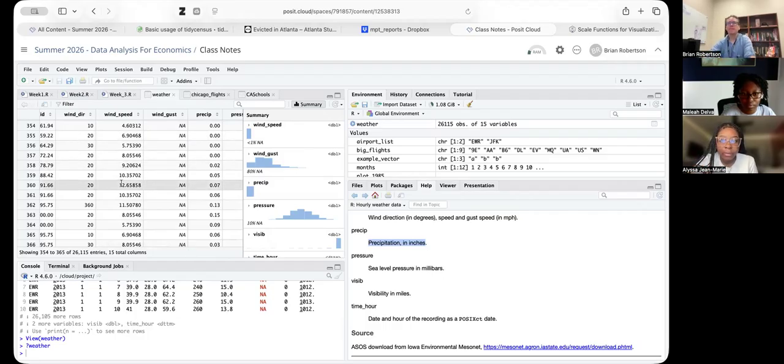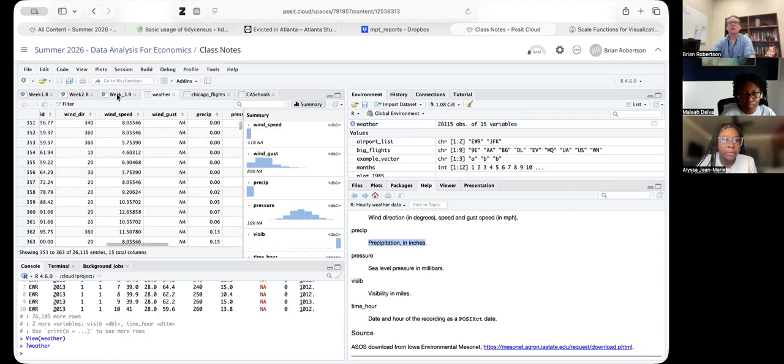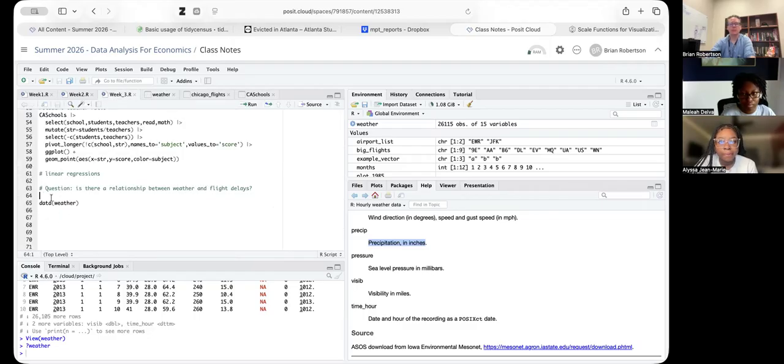Sorry, mine says data set flights not found and weather is not found. Oh no. Go ahead and type, I'm going to comment it up: nycflights13, and then library.